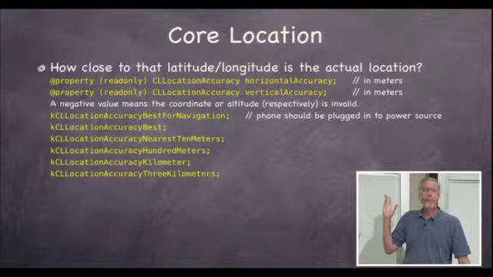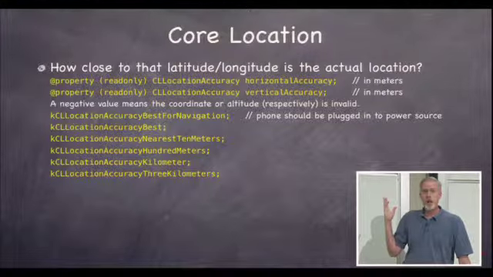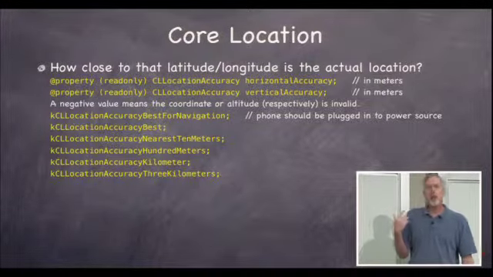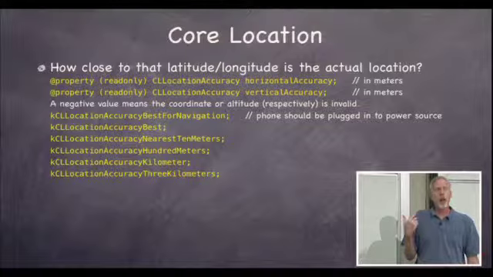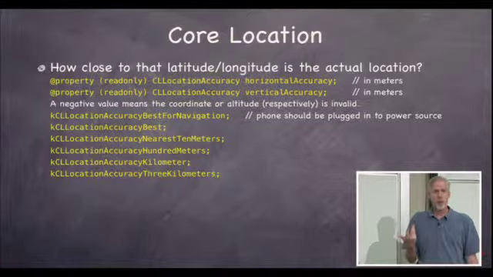More you look at these predefined values, like accuracy best for navigation. That would be constantly updating GPS. If you want that kind of accuracy, you're probably going to want your phone plugged into your cigarette lighter in your car, because GPS uses a lot of power, constantly reading these things.